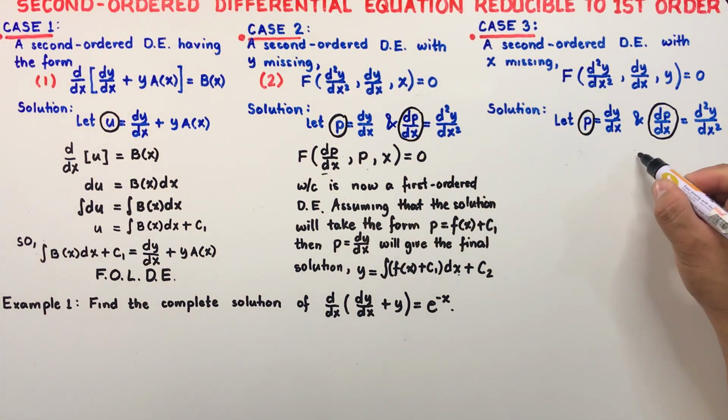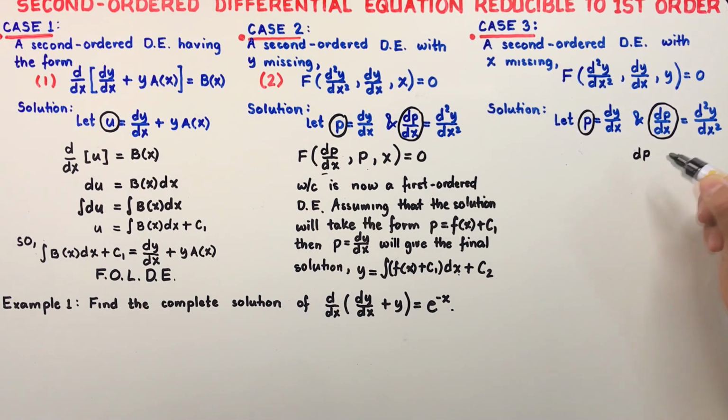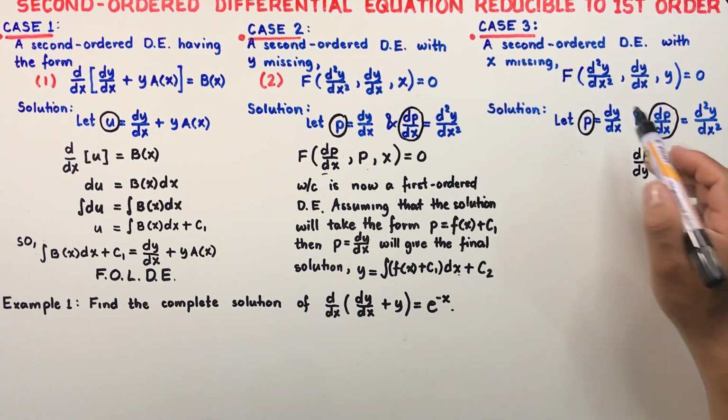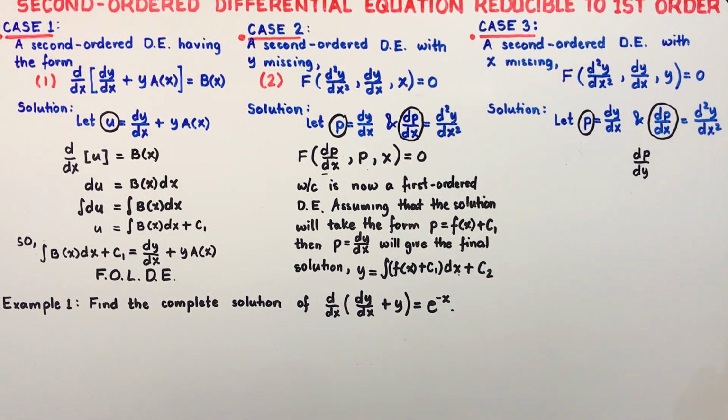To get the derivative of p, we need to find the derivative of p with respect to y, because our equation has no x but y. So we get the derivative of p with respect to y and then get the derivative of y with respect to x. So this is our second derivative of y with respect to x.